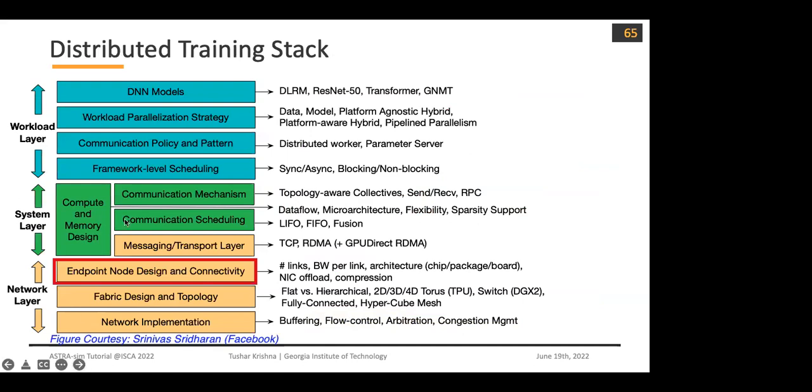Okay, so now we come from the system layer to the actual physical network. Now that we've managed the topology-aware collectives, the scheduling, and so on, at the physical network layer, there's also the transport layer, which will come in, especially if you're doing scale-out with NICs, where you might have to worry about TCP and RDMA. But then you come to lower-level endpoint network design.